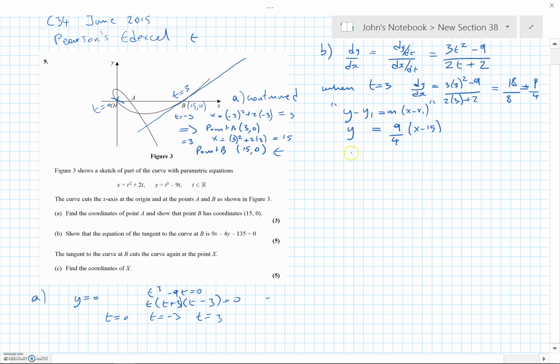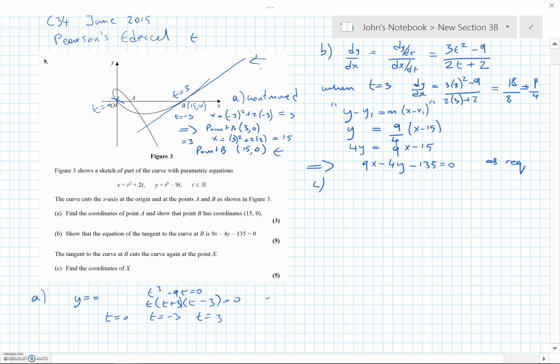I think that pretty much does it, doesn't it? We've got 4y equals 9x minus 135, which certainly gives us what we've been asked to show: 9x minus 4y minus 135 equals 0 as required. Okay, so that's just to find the equation of this tangent here.